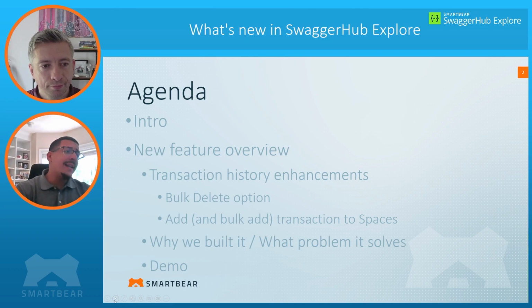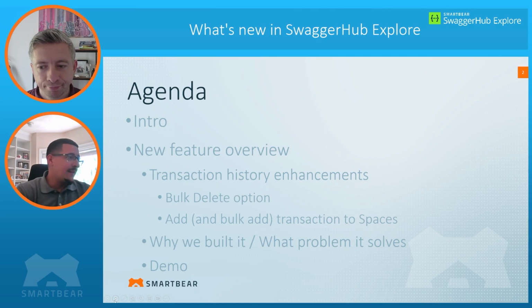And we have also added the capability of adding transactions in bulk to spaces. This is something that I got approached about a lot by our current users, right? It just allows you to very easily add APIs that you use over and over again into a nice little spot where you can reuse them very quickly.